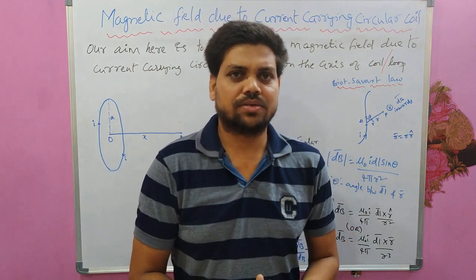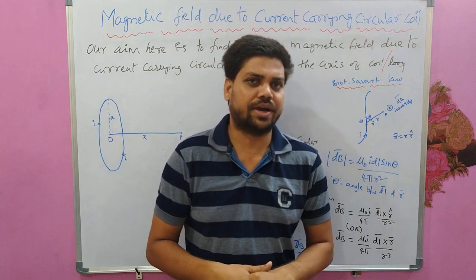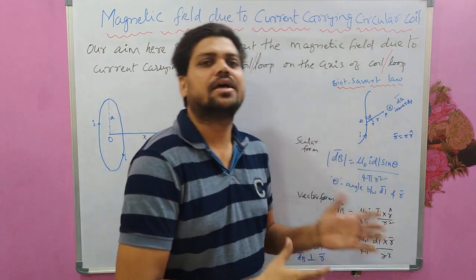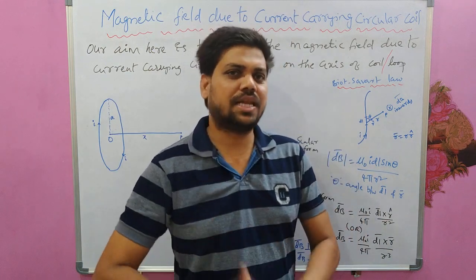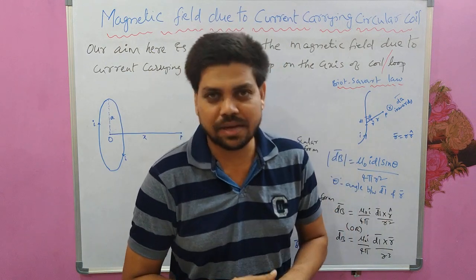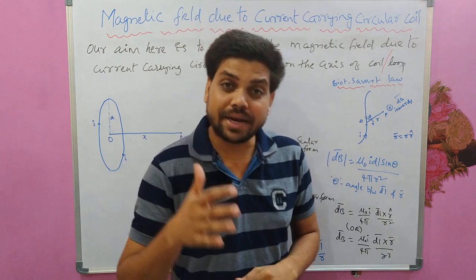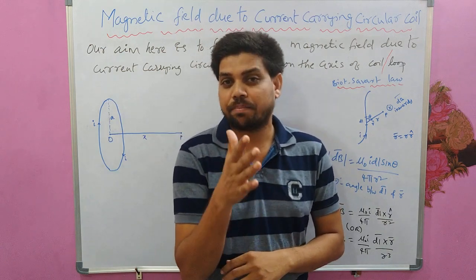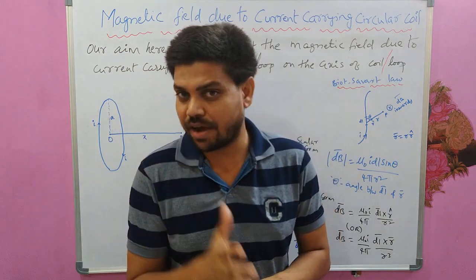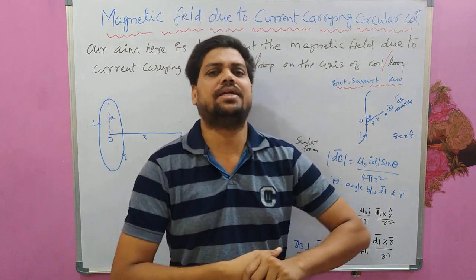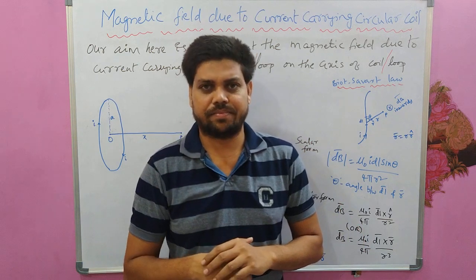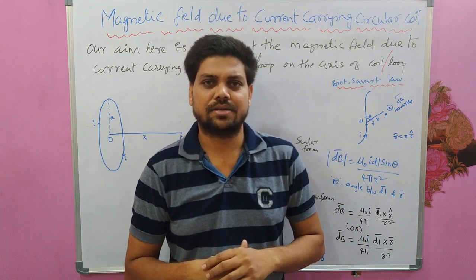Since we are going to use Biot-Savart's law to find this, let us recap our knowledge of Biot-Savart's law. What is this law? This law will help us find the magnetic field at a point nearby a current carrying wire due to a small element in that wire carrying current.